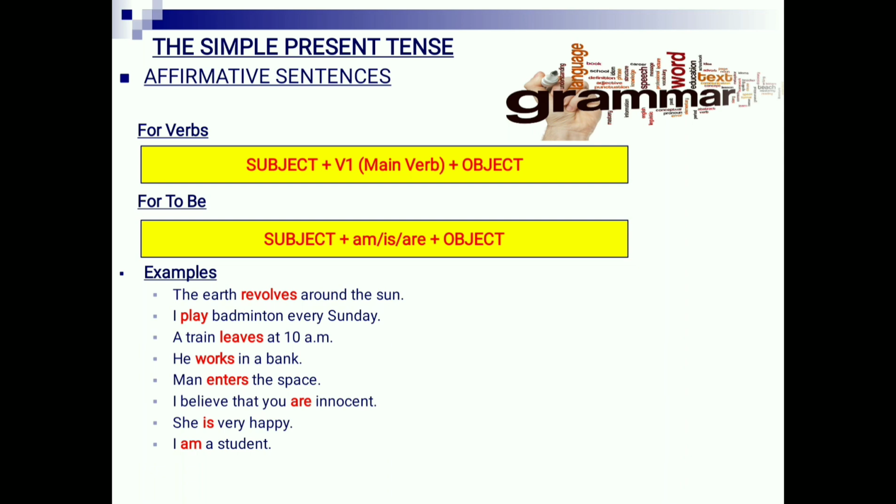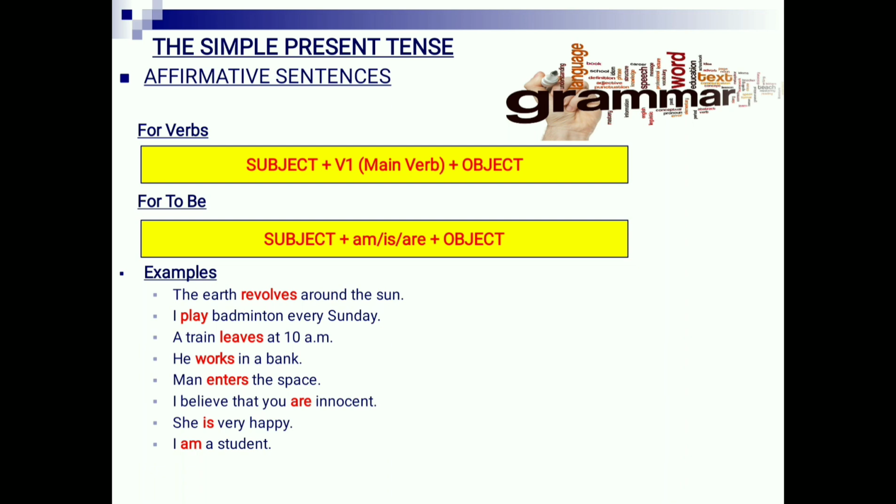I am a student. See, all these sentences show habitual actions or facts. The earth revolves around the sun, it is a fact. I play badminton every Sunday, it is a habitual action. A train leaves at 10 a.m., so it shows a timetable. He works in the bank, it shows his routine or habitual action.